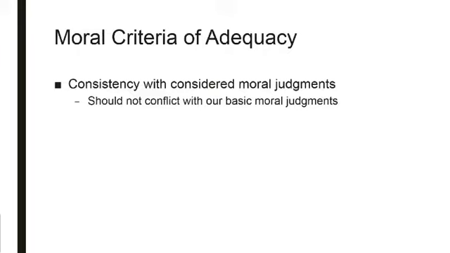But that doesn't entail that we're infallible. We might be wrong. Our considered moral judgments might be mistaken. And if a moral theory says our considered moral judgments are mistaken, we need to reevaluate the theory, but we should also take another look at these moral judgments.